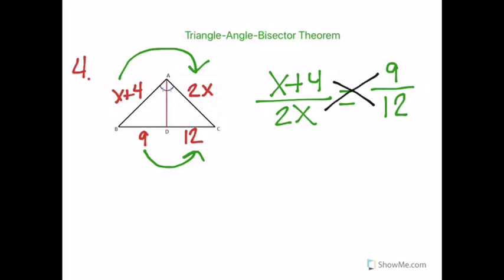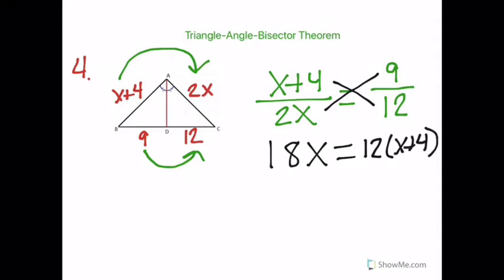We cross multiply. 9 times 2x is 18x equals, be careful here. So we have the number 12 times x plus 4. That is the quantity x plus 4, so it needs to go in parentheses.